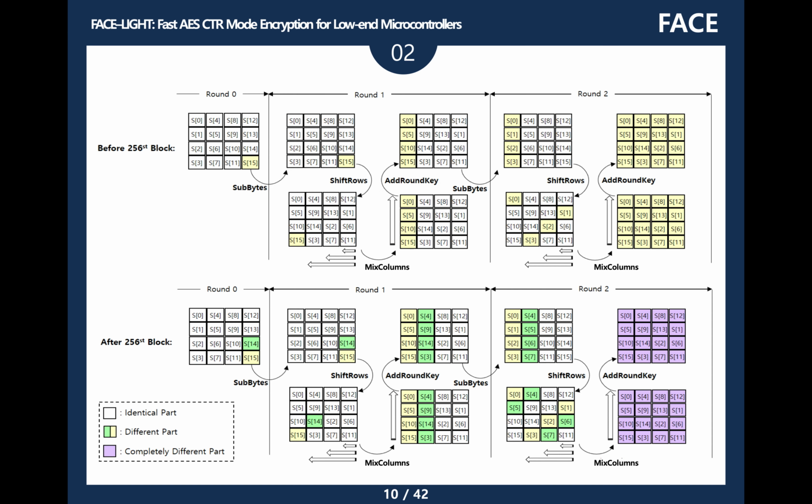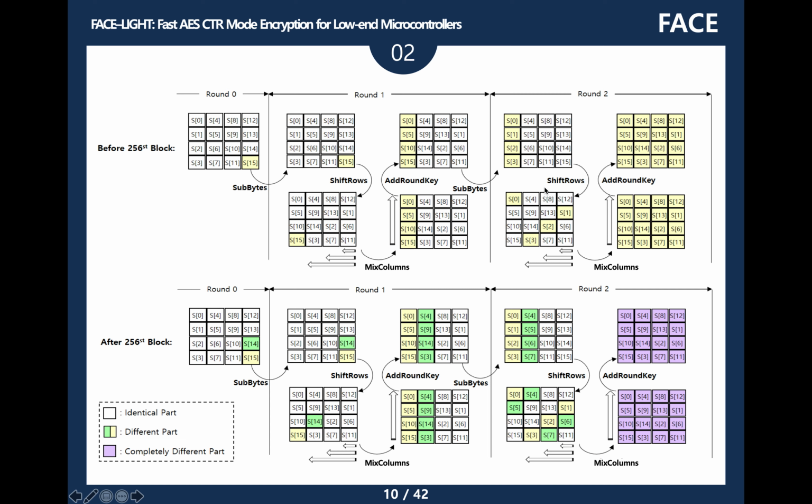Now, I will explain why the table needs to be updated on certain periods. The whole process of the FACE block operation goes as follows. If we take a look at the screen above, we can see that except for the last byte, S15, the rest of the bytes remain the same from the first block to the 255th block.